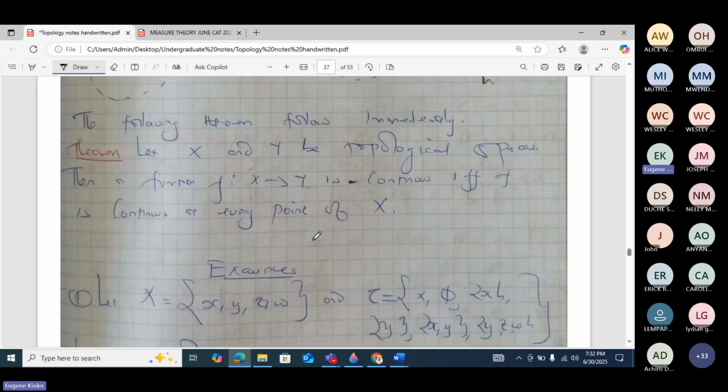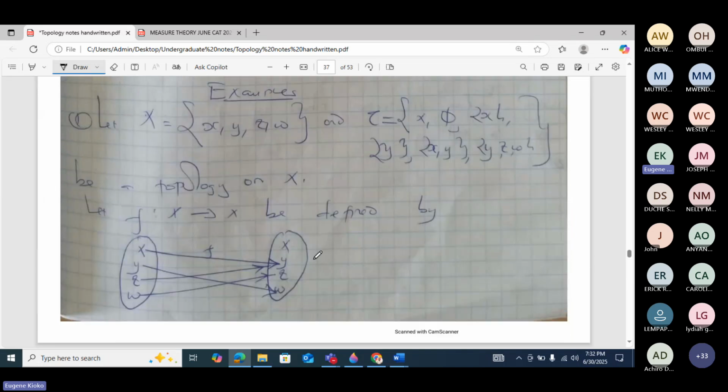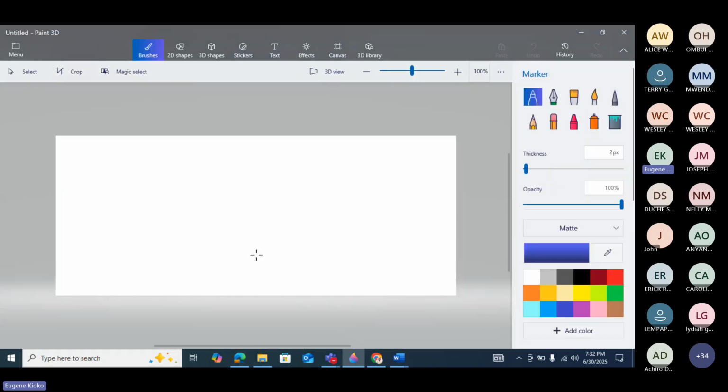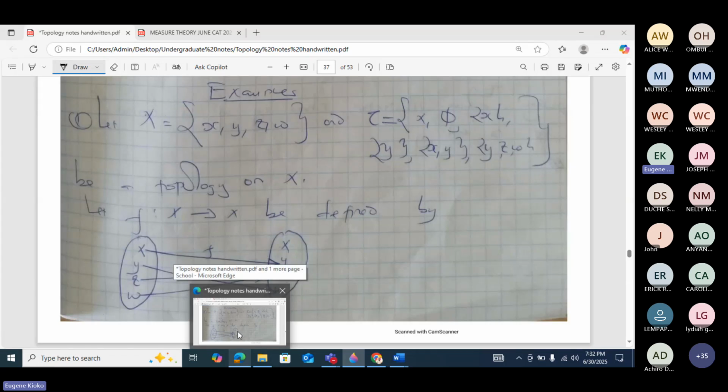I begin with a counter example, then I take you back to the definition so that you understand what it means. So let us write this.